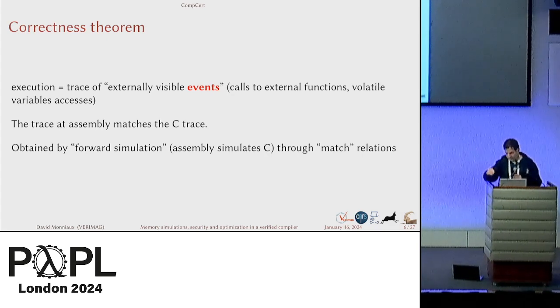So you prove that the program, after executing one transformation pass, simulates the program before the transformation pass. And the relationship between the state of the program before the transformation pass and the state of the program after the transformation pass is expressed through a match relation between states.